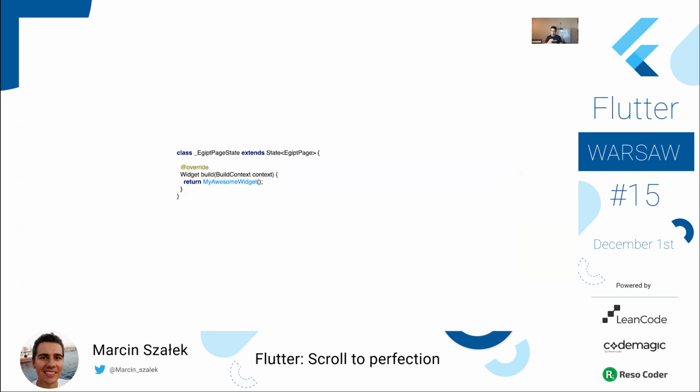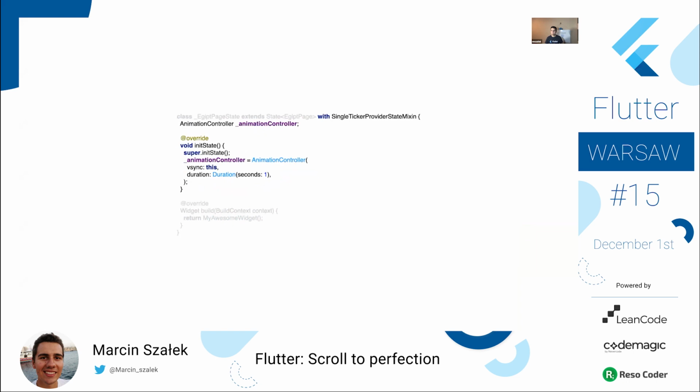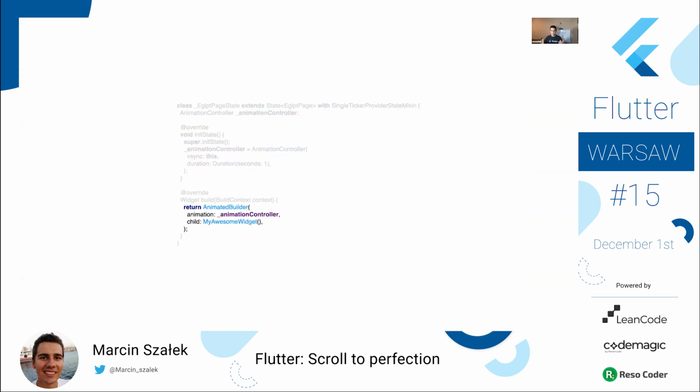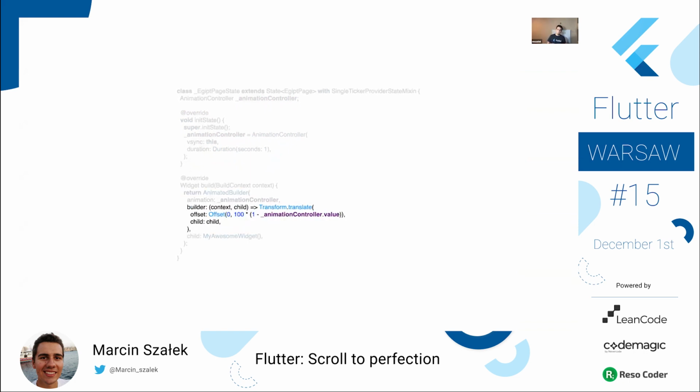So let's think at first, how can we implement it? We'll have our page, and normally what you would think of doing is start with some animation controller that you'd init in the init state, providing the vsync and the duration. Then you drop your widget in the animated builder widget to make it rebuild, and then provide the builder method.